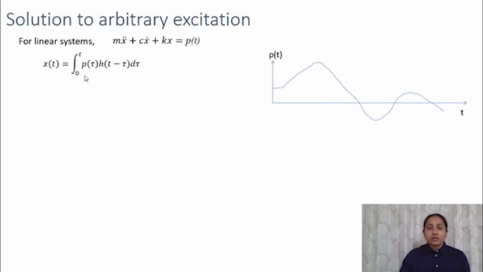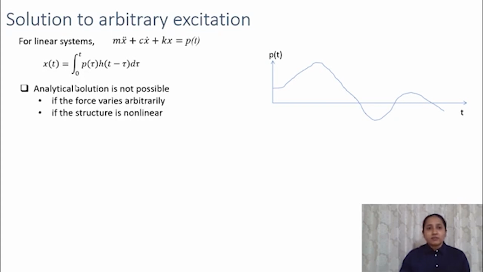This integral can be evaluated analytically if we can express this forcing function as an analytical expression. So in the case of a step force and a sine wave pulse, we could represent this forcing function as an analytical expression. So we could evaluate this integral analytically. But if the force is varying arbitrarily like this, for example, we cannot solve this integral analytically. And also, if the structure is non-linear, then this term will be also non-linear.